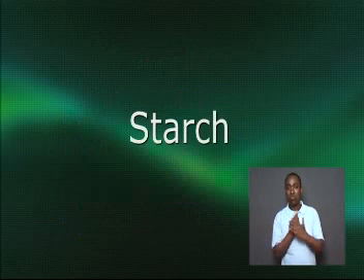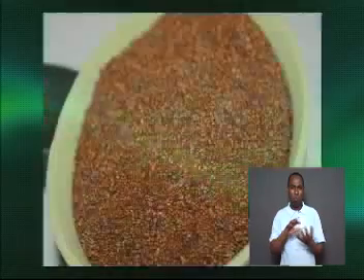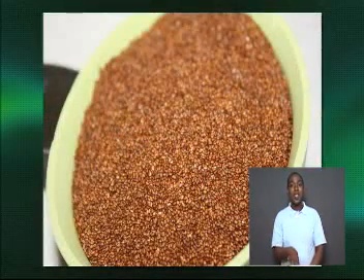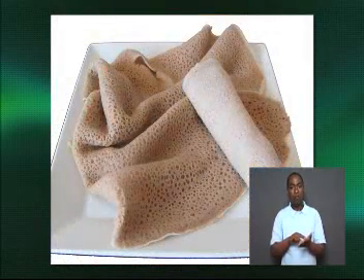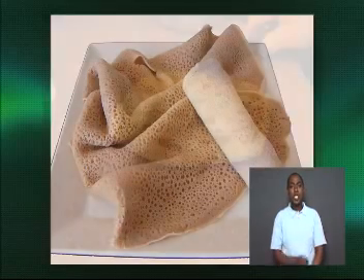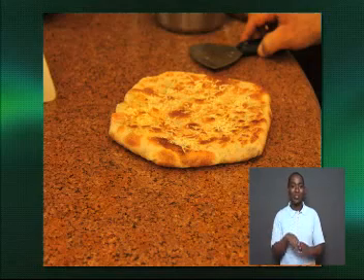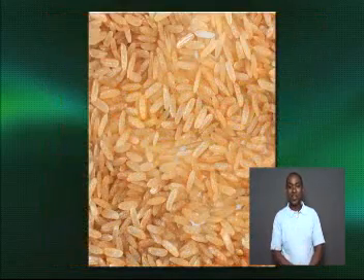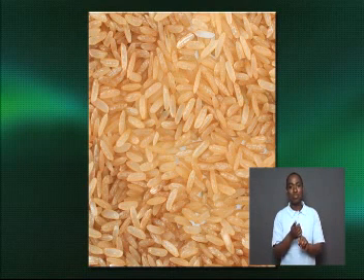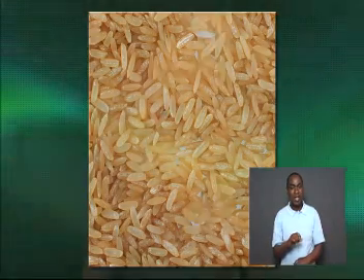Starch is another type of carbohydrate that is a complex compound. It is found in plants such as teff and potatoes. Starch is a storage carbohydrate in plants that contain sugar. Some examples include injera, fatira, and rice.